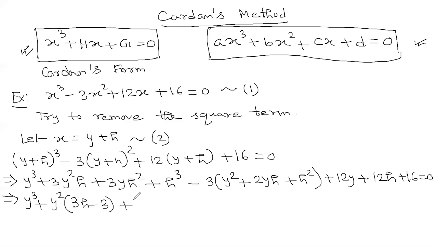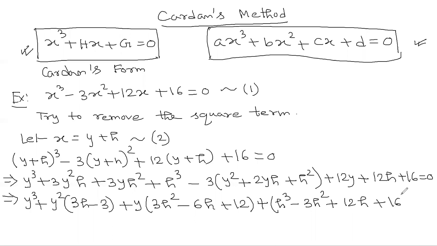Then the coefficients of y together, you will get 3h square minus 6h plus 12, plus the constant part, that is h cube minus 3h square plus 12h plus 16 equal to 0.